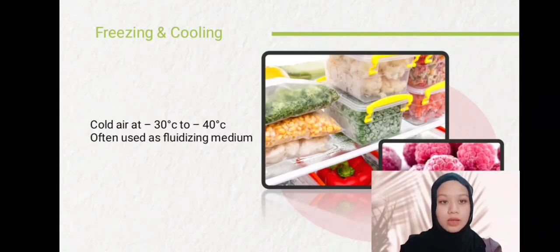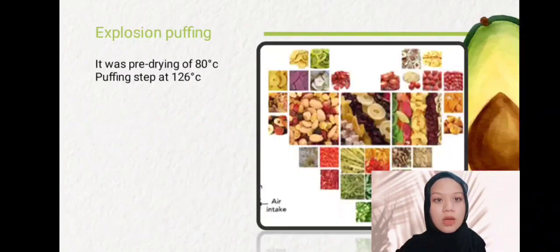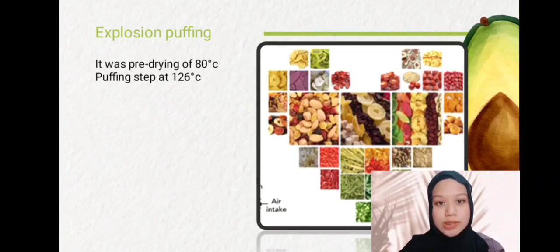It happens with cool air at -40 degrees Celsius until -30 degrees Celsius, and uses a fluidized bed as a medium. Next is the explosion puffing. It is used to dry potatoes, coffee beans, and carrots. It has pre-drying at 80 degrees Celsius, and also puffing that happens at 1 to 6 degrees Celsius.